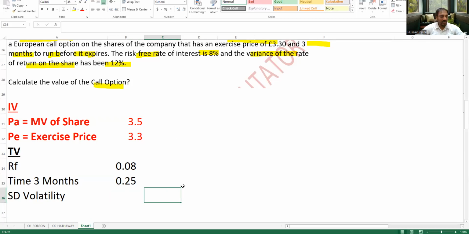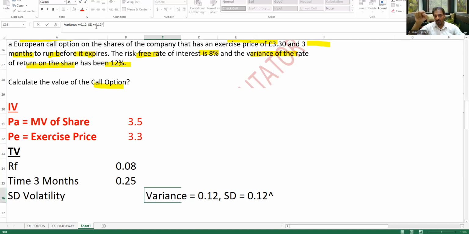If the variance is 0.12, the standard deviation is the square root of 0.12, which is 0.12 to the power 0.5.